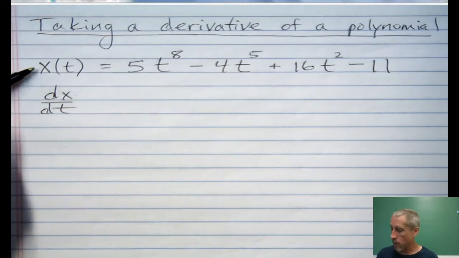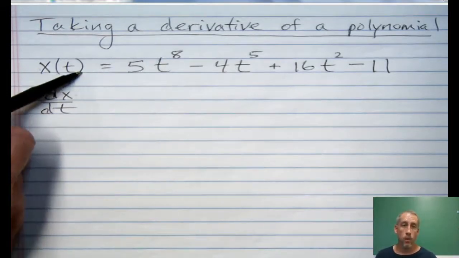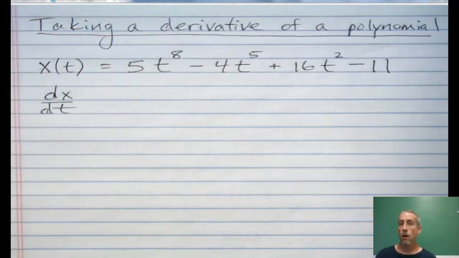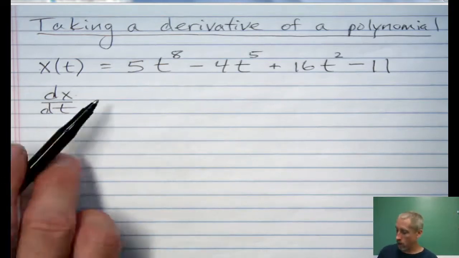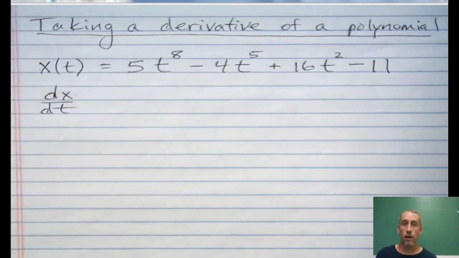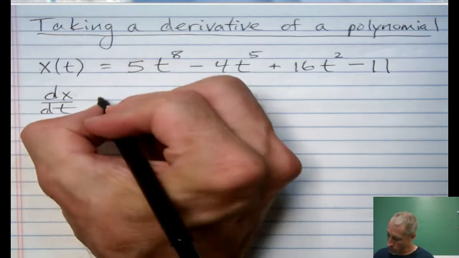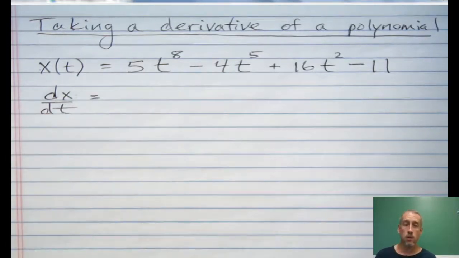So when we're up here looking at different values of the x as we change values of t, are our x values changing a lot, or are they changing just a little as we change t? And that's what we're going to be finding down here when we find dx dt, or the derivative of x with respect to t.